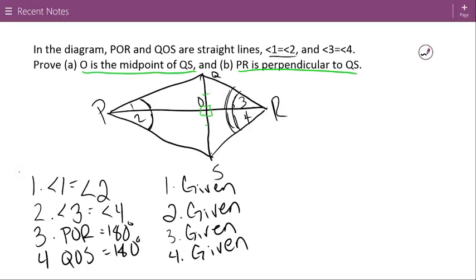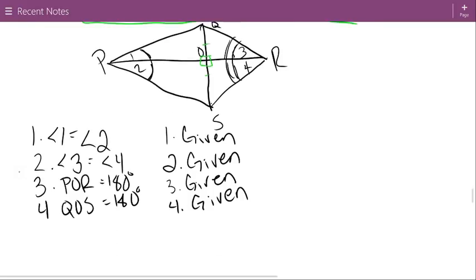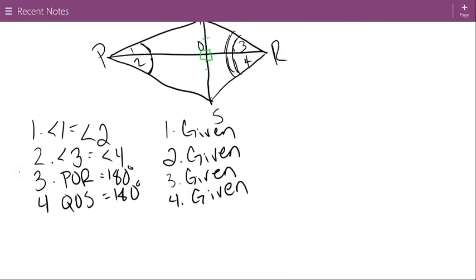Now, if we're going for the angle side angle, we just need to prove that the side that's in between them is also congruent, and then we have 2 congruent triangles, which, luckily enough for us, that line PR is shared between both of them, so of course it's going to be the same length in both of them.